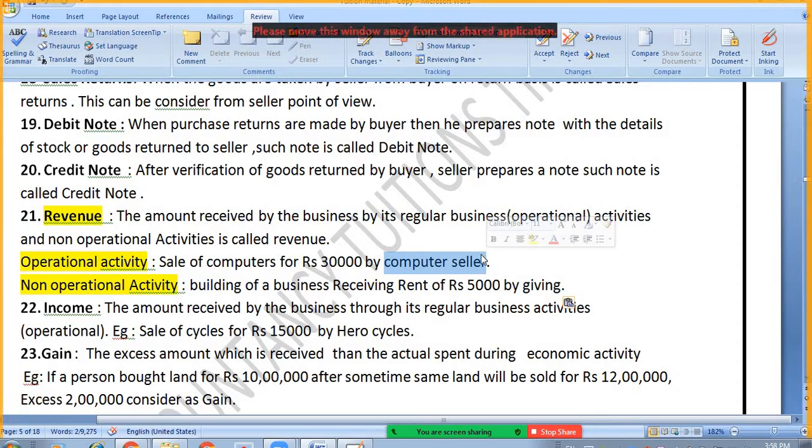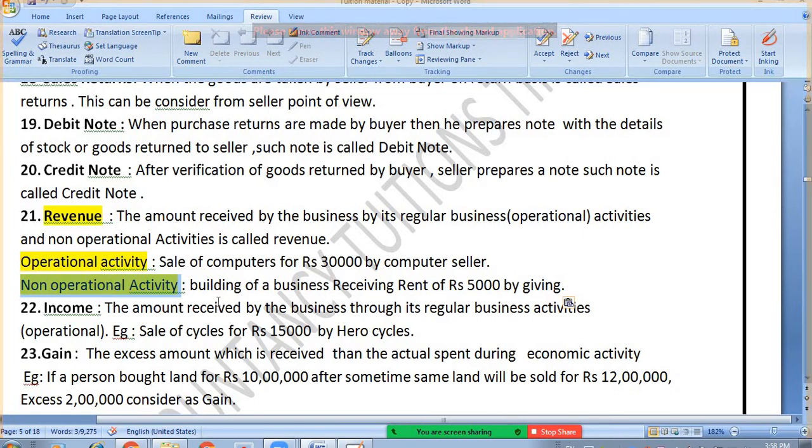Now if this computer seller receives the rent from the tenant, such amount is considered a non-operational activity, because the computer seller's major business is selling computers.